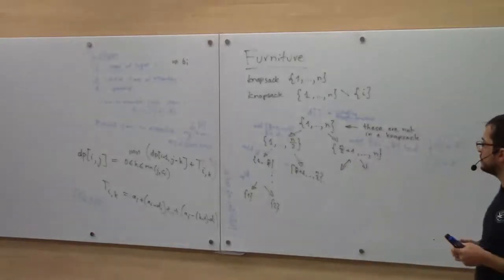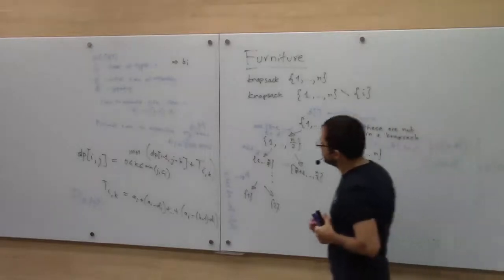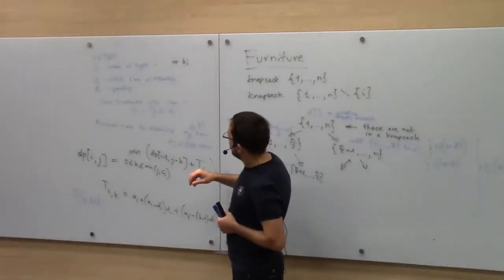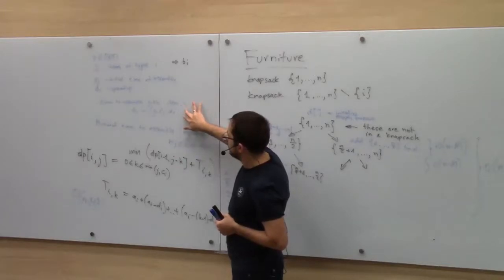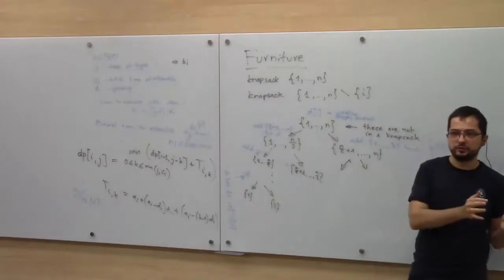So one intuition we can get here is we should somehow use this information that the time of assembly of the items is decreasing.